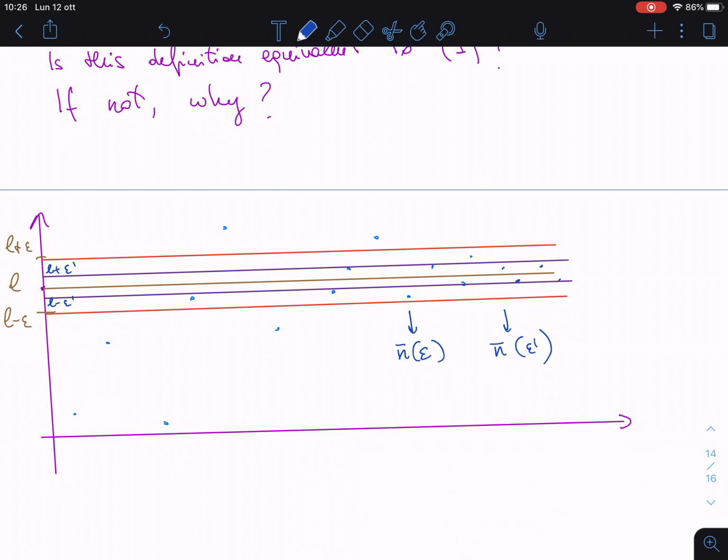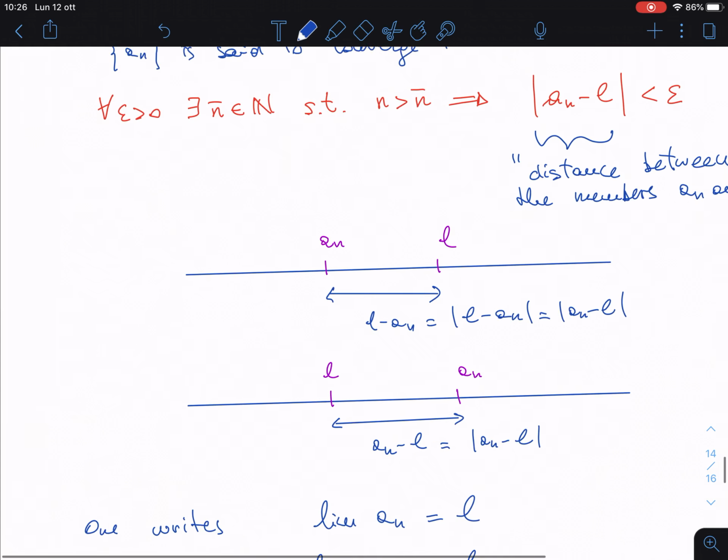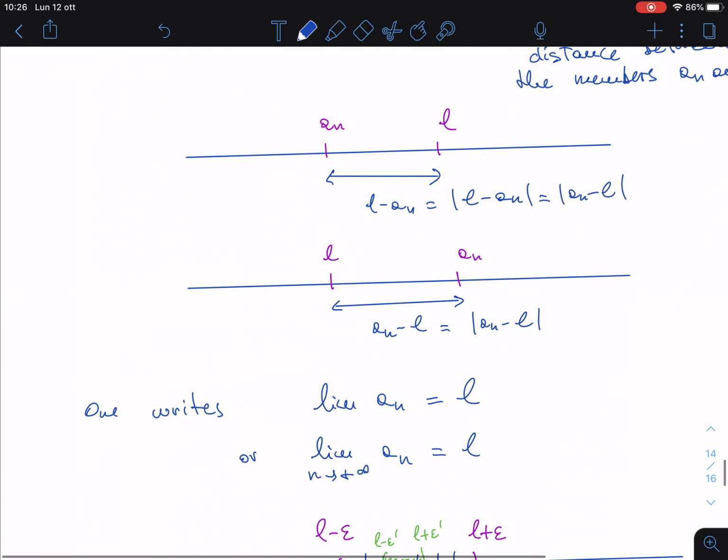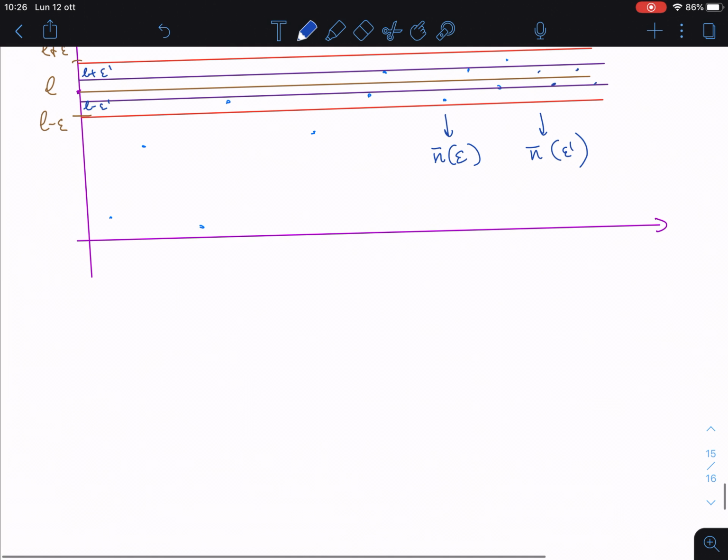So now let us test this definition with a strange exercise. This is not the exercise of a computation of a limit. I know you are very strong in computing limits, but I want you to reverse the point of view and use the definition of limit not in order to compute a limit, but in order to prove that a given limit is true. So this is an exercise that helps you to understand what the limit is.